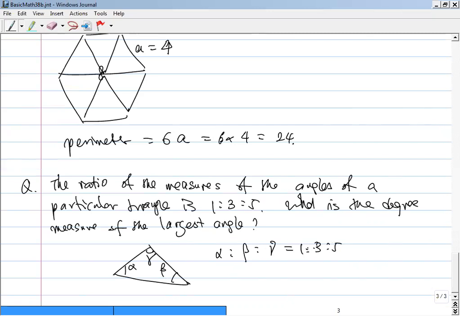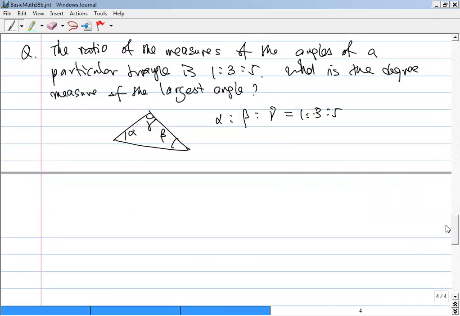So this is a ratio problem, but we have to use one simple formula, right? The sum of them must be 180 degrees. So you can express alpha to be t, beta to be 3t, gamma to be 5t. Add them together, it's going to be 9t, which is 180 degrees.